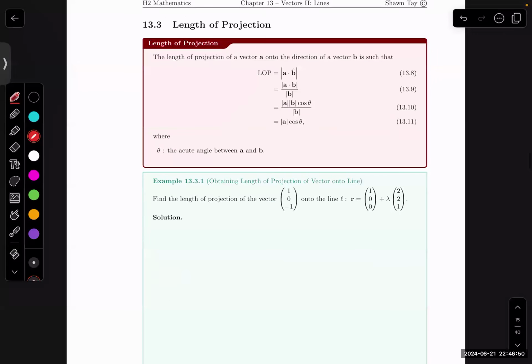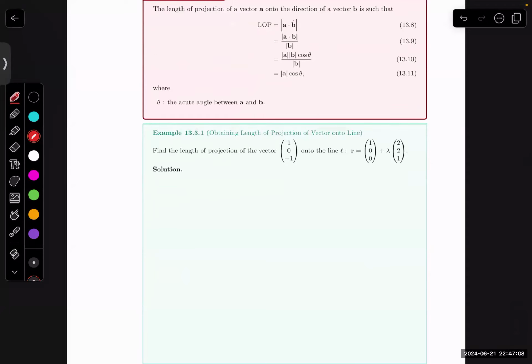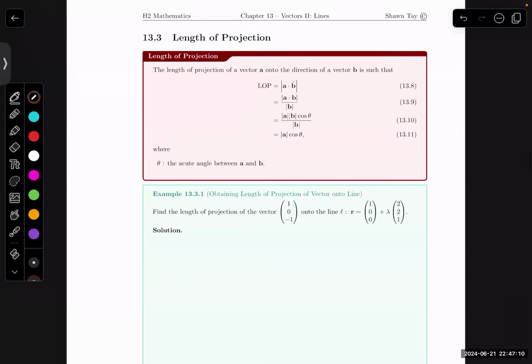Length of projection. So now back to dot product. Dot product is talking about projections. The mosquito thing. So length of projection. What is the projection again? Let's say projection, A dot B hat. What does that mean?